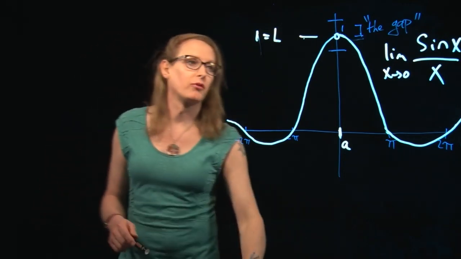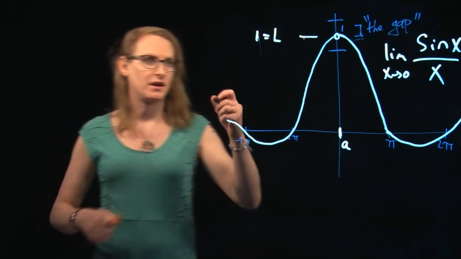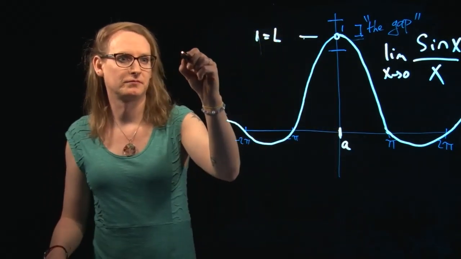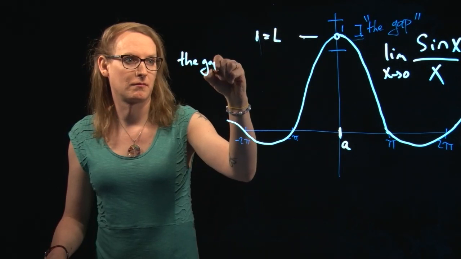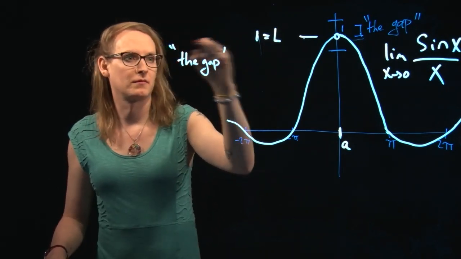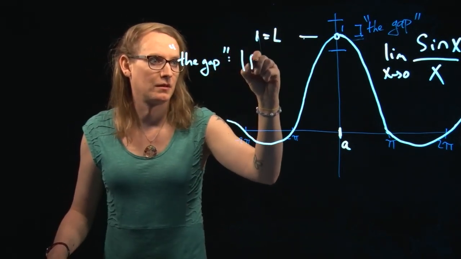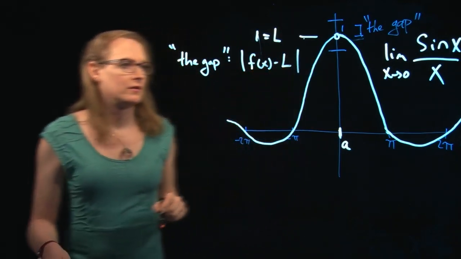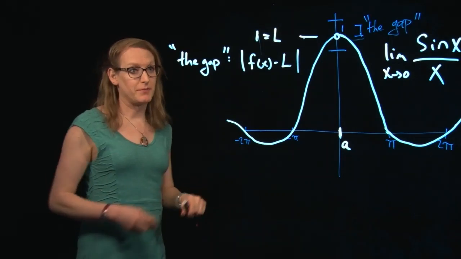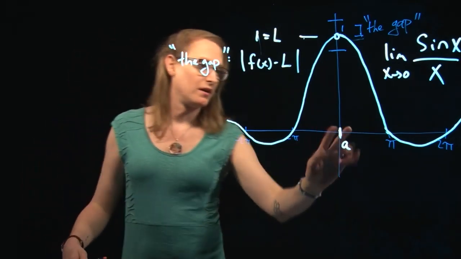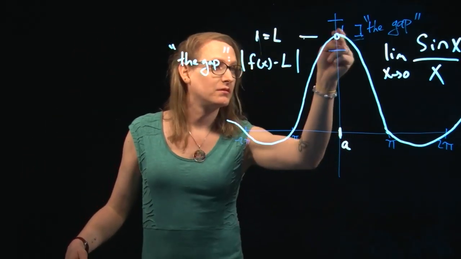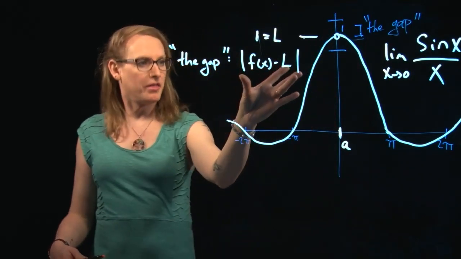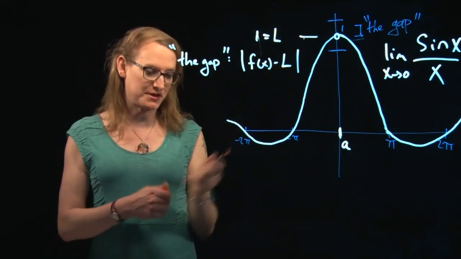A symbolic way of writing the gap is f of x minus L. It measures the distance between heights here and how far off from the limit you are. And we want this to be arbitrarily small.